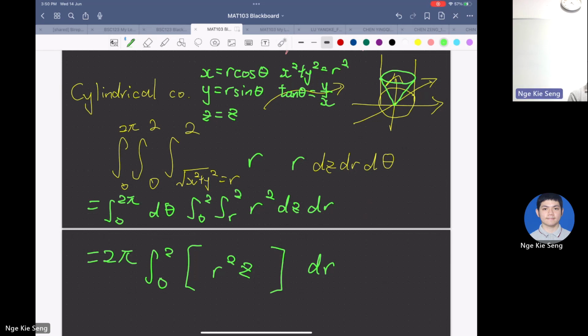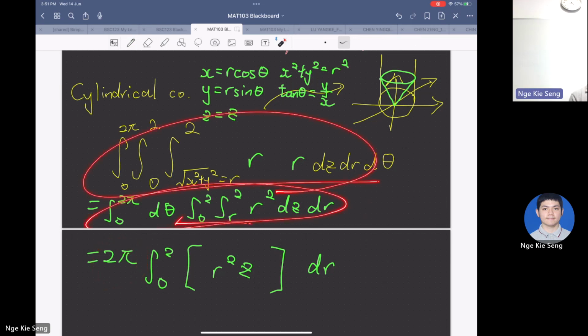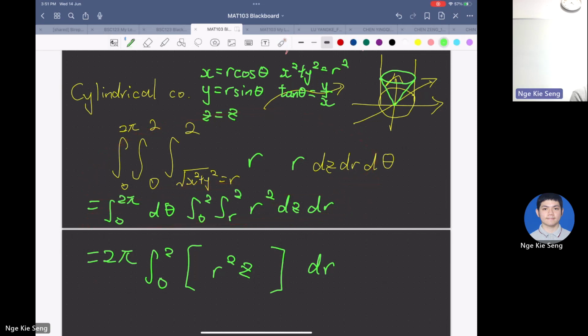Why is it r squared? R cube. Oh, okay, sorry. So here is the square, so we got cube, correct? Okay, very good.